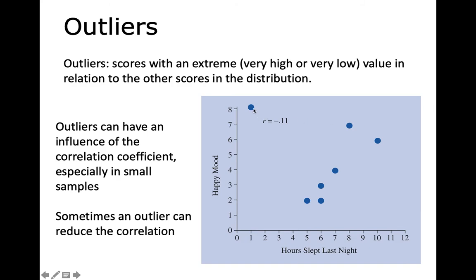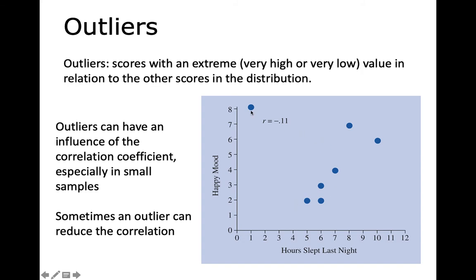Sometimes the effect on the correlation can be that the outlier really reduces the size of the correlation. Let's look at this example. Here people are asked how many hours they slept last night, and then whether they're in a happy mood the next day. For the most part, if you look at most of the data, we've got a positive relationship. If we limited the data to these 6 data points, you would see that if you calculated this, there's a very strong positive correlation.